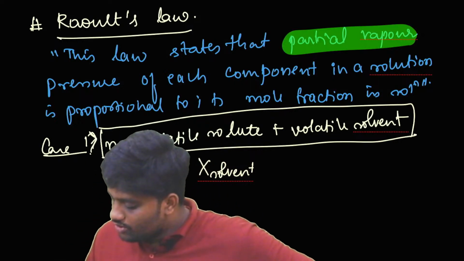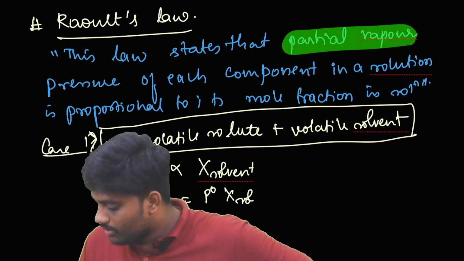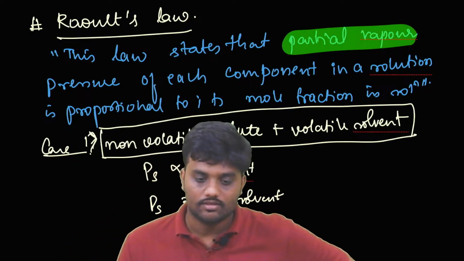Here solution pressure is equal to P naught times psi of solvent. Is there any wrong writing like this?